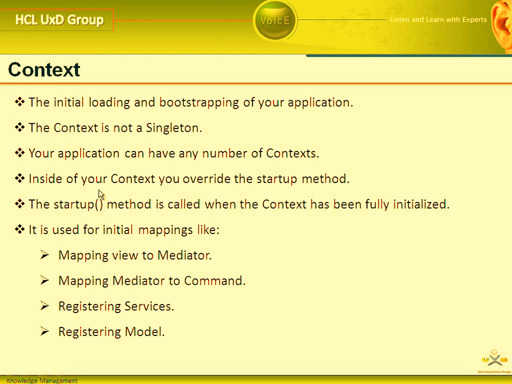Your application can have n number of contexts, and inside a context we need to override a method called the startup method. Inside the startup method, we are going to initialize all initial mappings of your RobotLegs application, and each context class has to extend Context of the RobotLegs framework.